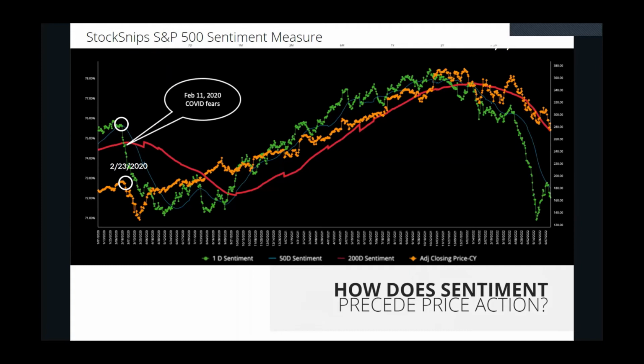If you look at this chart, the green is the daily sentiment of the S&P 500, and the red line is the 200-day moving average of the daily sentiment.